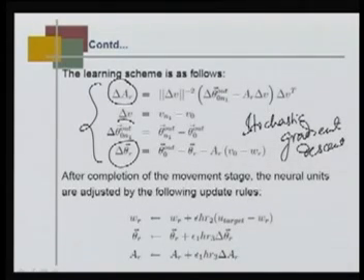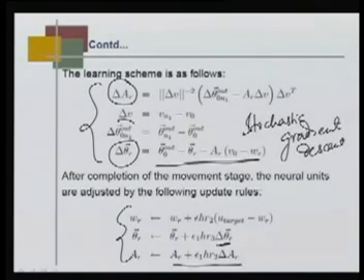This is my final learning algorithm. My reference vector is learnt by this function, which you can easily see is my Kohonen learning algorithm. Theta r is learnt by this expression, where delta theta r is given by this expression, and AR is given by this expression, where delta AR is given by this expression.